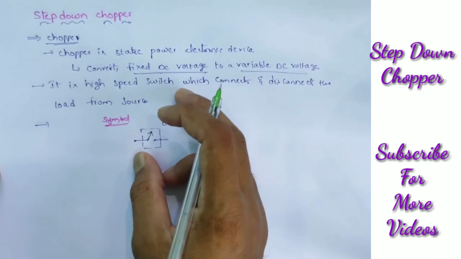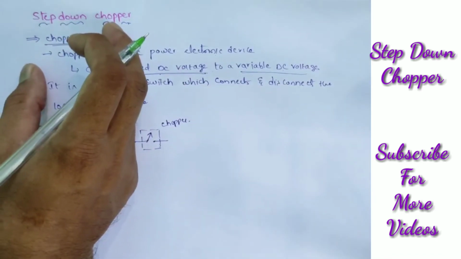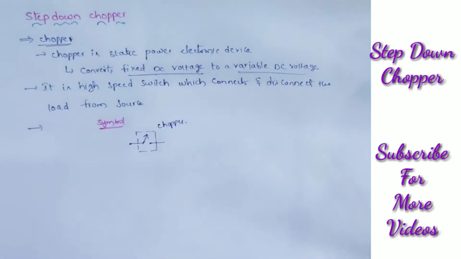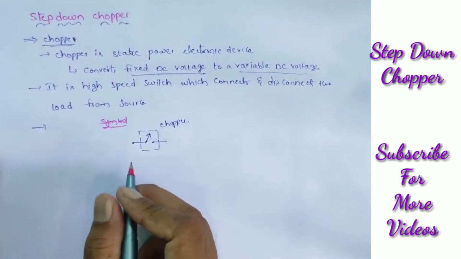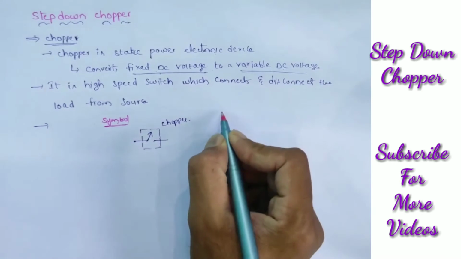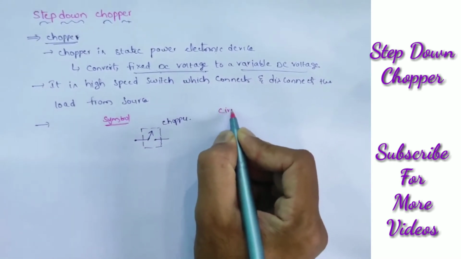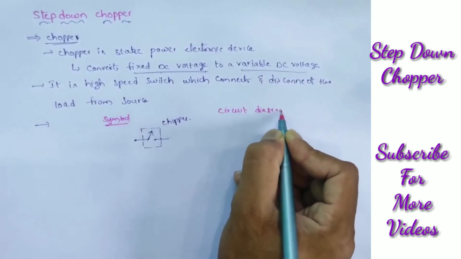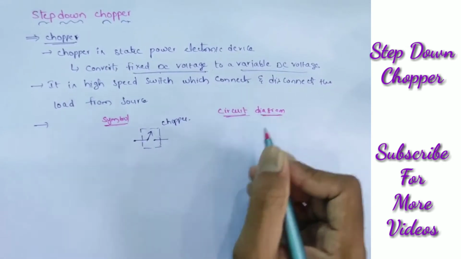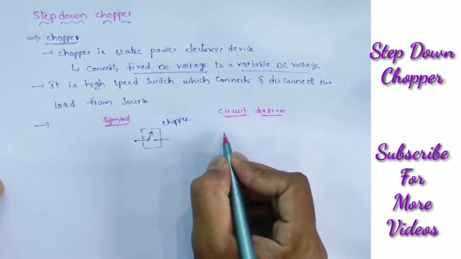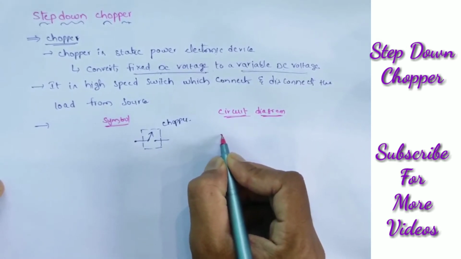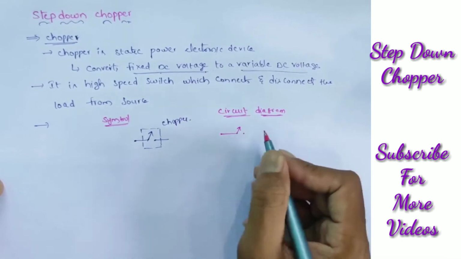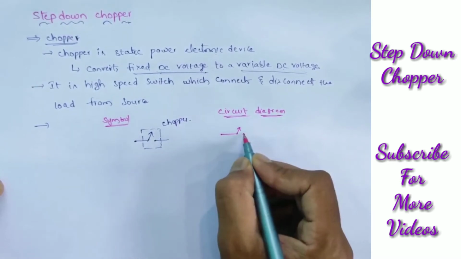Let us discuss the circuit diagram of step down chopper. Let's draw this step down chopper first. I am telling the shortcuts on how to draw the circuit diagram.